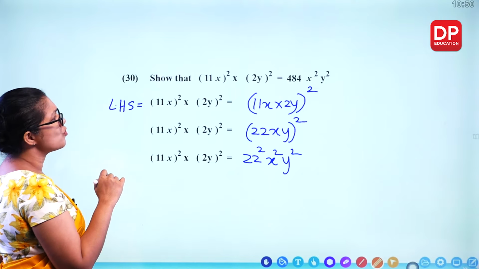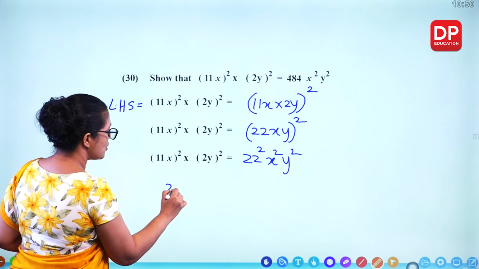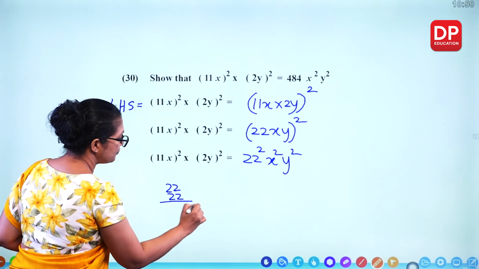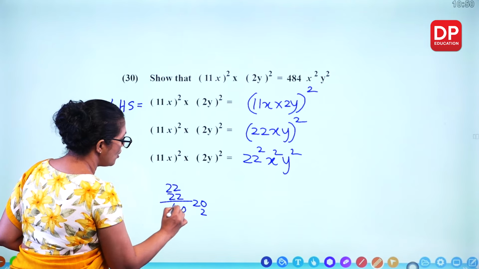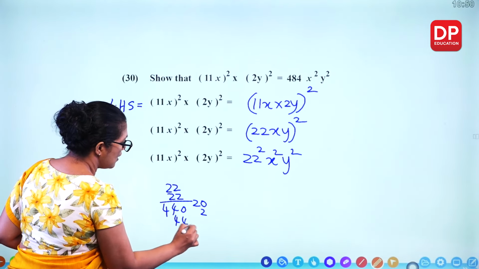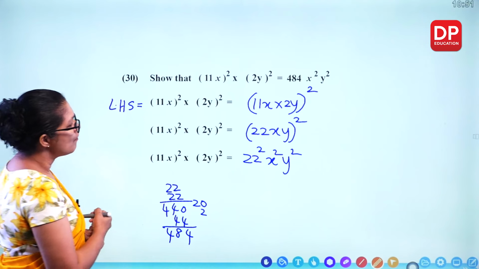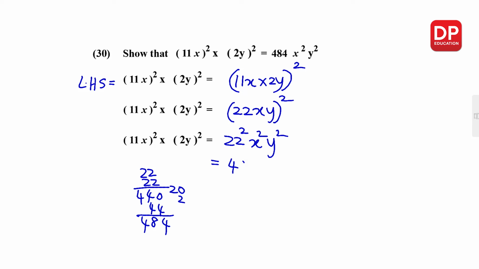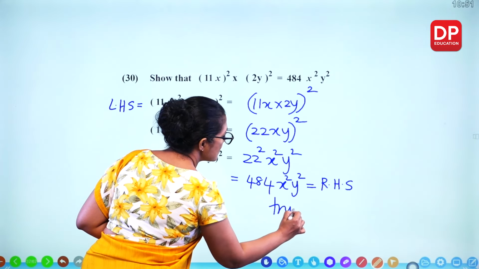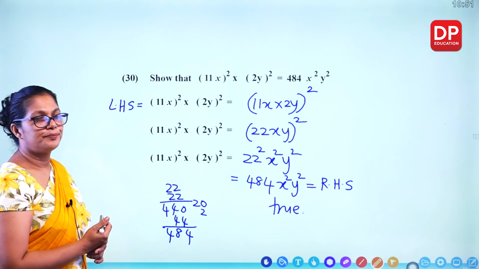Now what is 22 squared? 22 times 22. 20 and 2, you get 484. So that's correct. 484 x squared y squared, that's equal to right hand side. So we can say this is true.